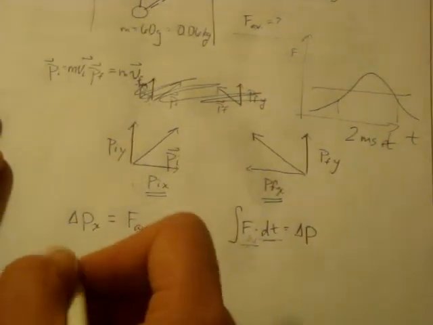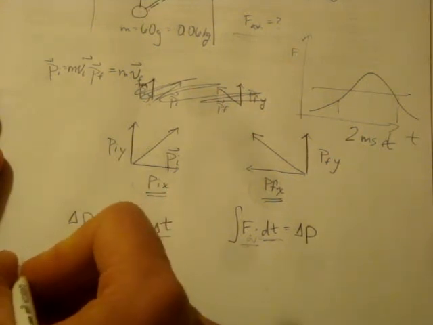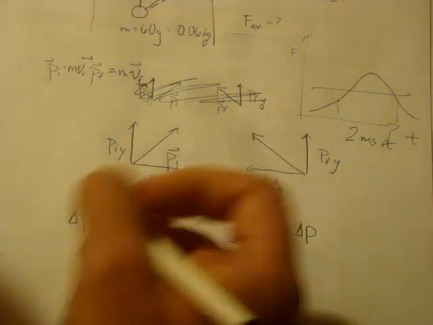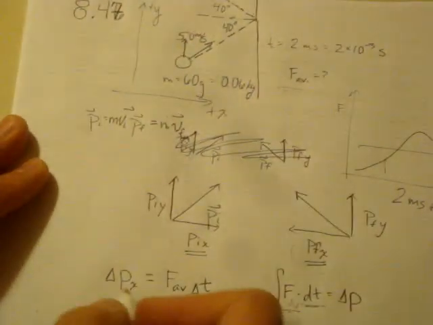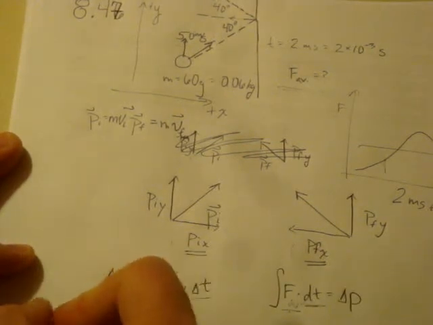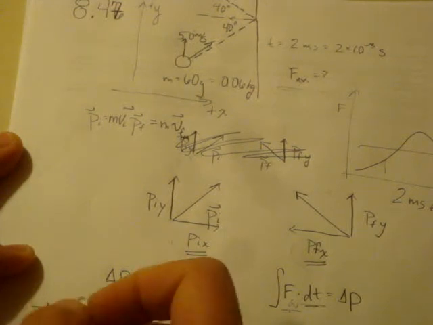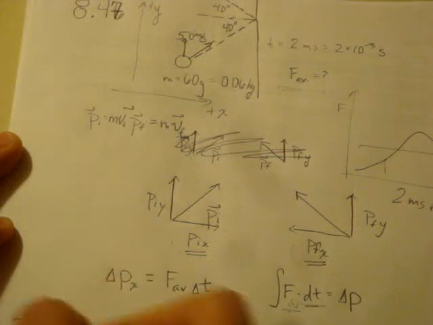All right. So the change in momenta in the x direction, we take the final momentum. Let's make positive x be to the right. So the final momentum in the x direction is this p_f,x, and it has a vector. Well, it's to the left, right? So let's just call that negative because it is to the left.